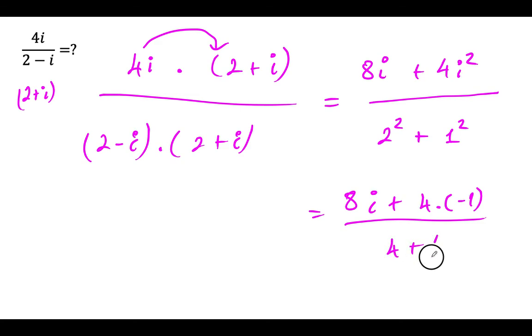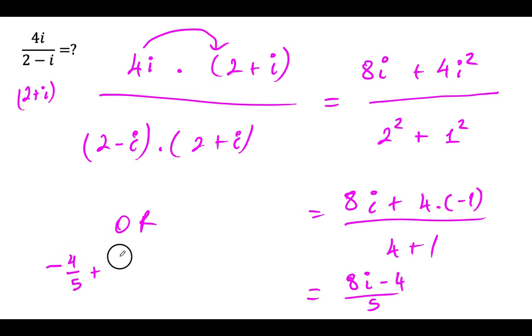Divided by 4 plus 1, so the final result is 8i minus 4 divided by 5, or you can say negative 4 over 5 plus 8 over 5i.